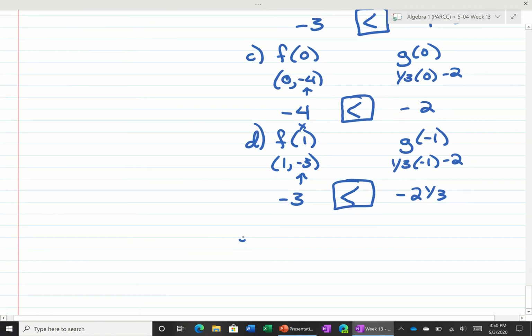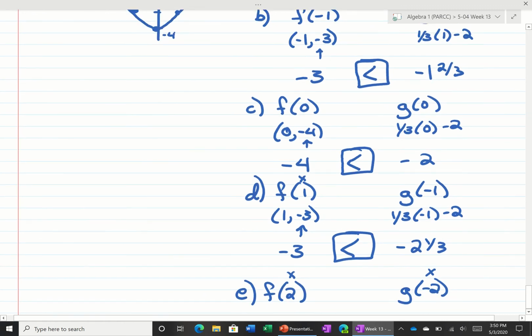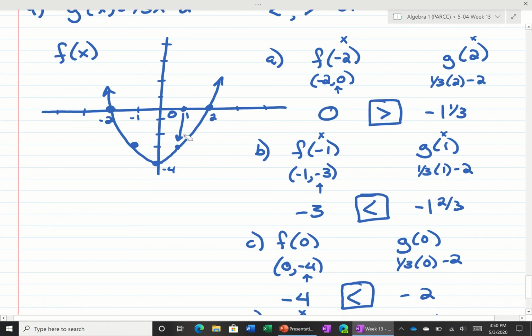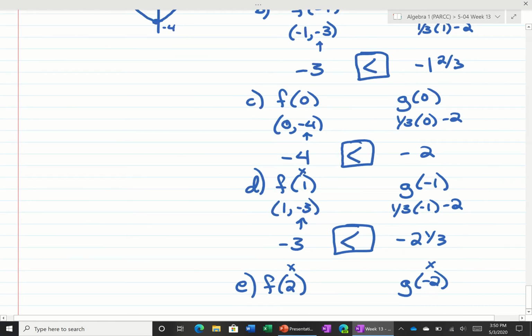And then for our last one, part E, it's asking us to compare f of 2 and g of -2. These are our x values. So if we look at the graph when x is 2, right here, we have the point 2, 0.